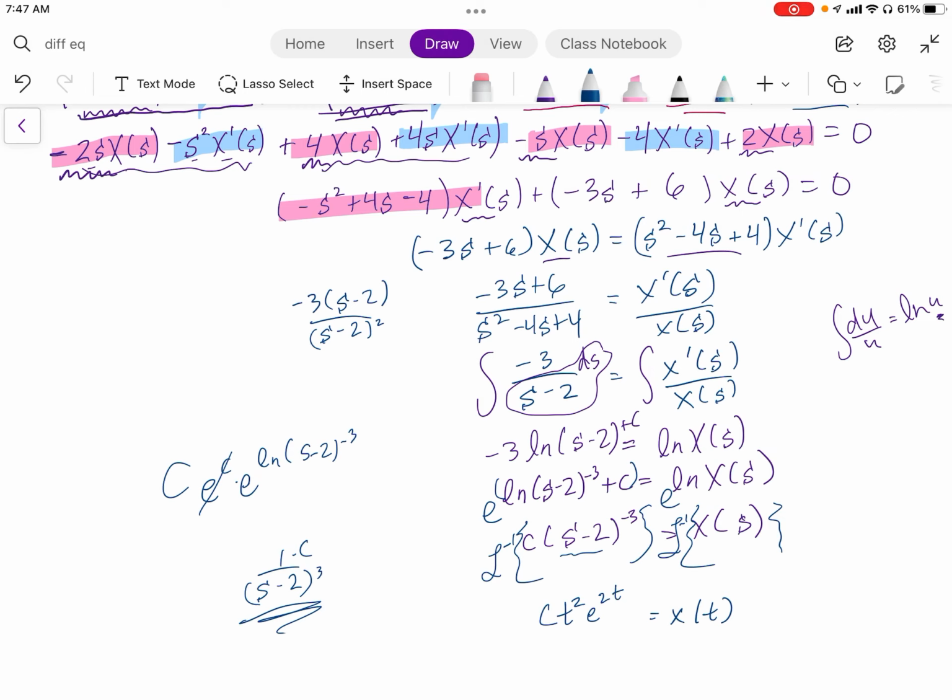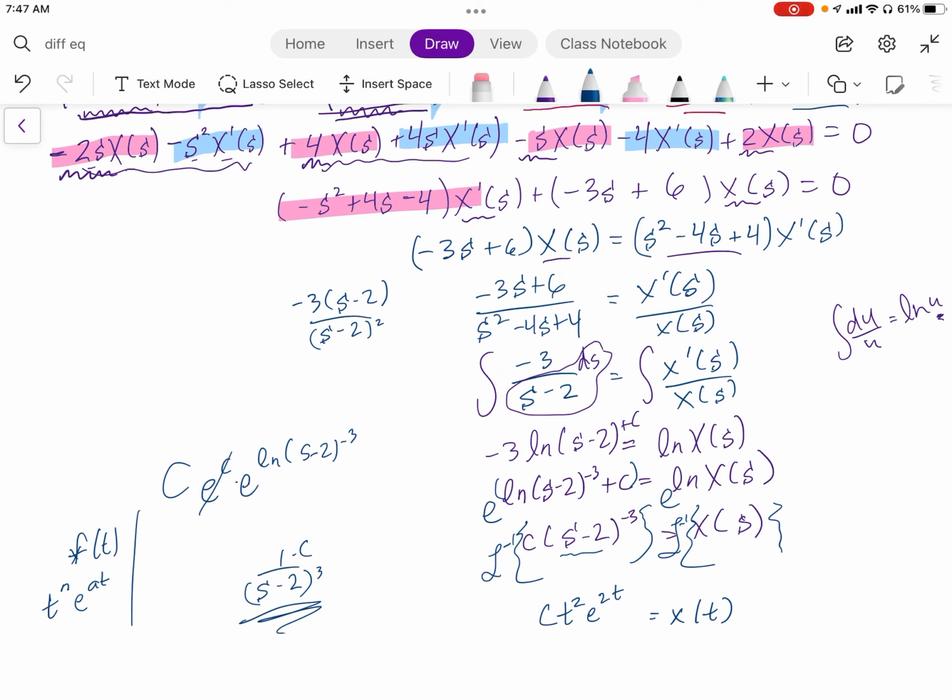That formula came from this: the function x of t, or f of t, as most books use, is t to the n e to the at.